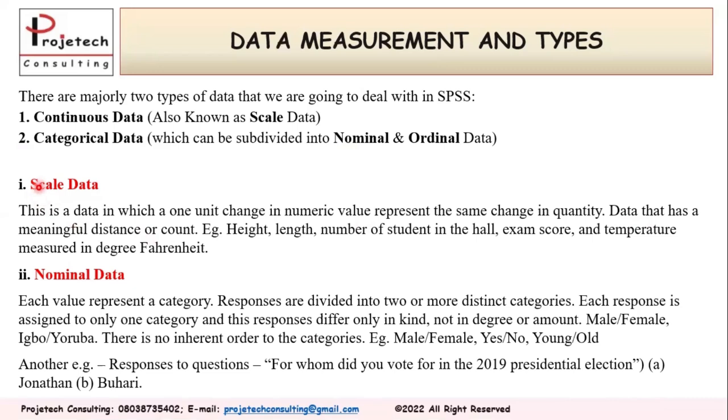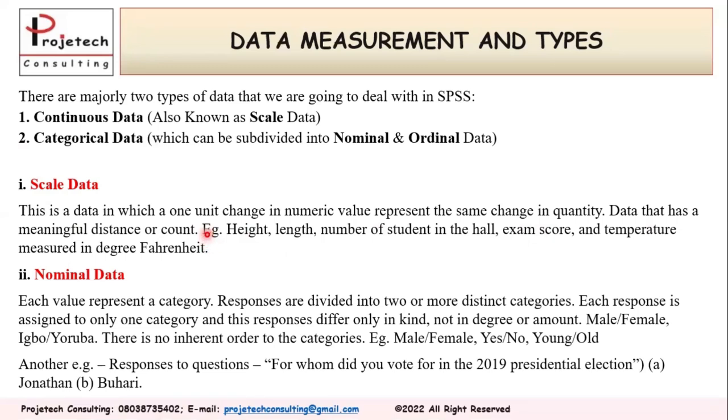So a scale data is a data that has a meaningful distance or a meaningful count. For example, if you measure the height of your table, so the height, length, number of students in the hall, exam score or temperature measured in Fahrenheit, these are examples of a scale data, which is also known as continuous data.